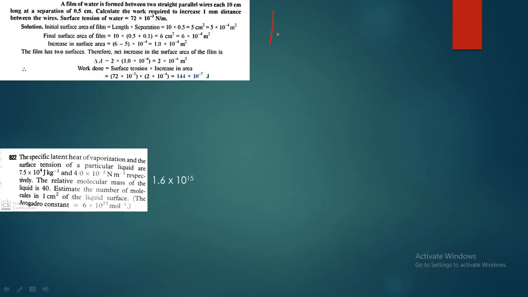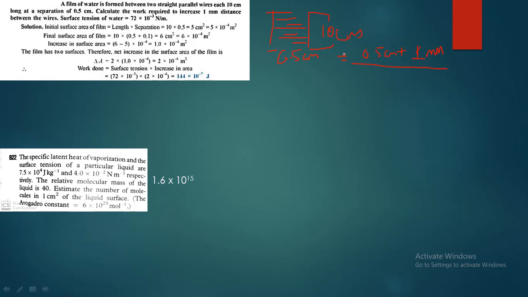So we are having two wires, okay, that are 10 cm long, and the distance between the two wires is 0.5 centimeters. So we have a film of water here. Okay, the question is asking us to increase this distance between the wires by 1 millimeter. Okay, it means the new distance between the wires is 0.5 centimeters plus 1 millimeter.